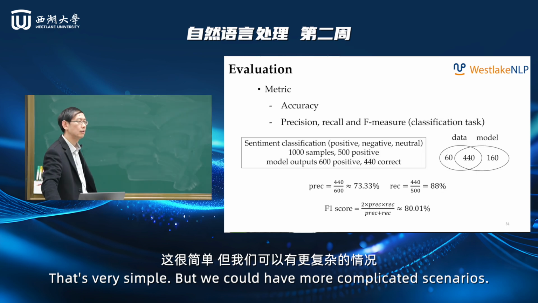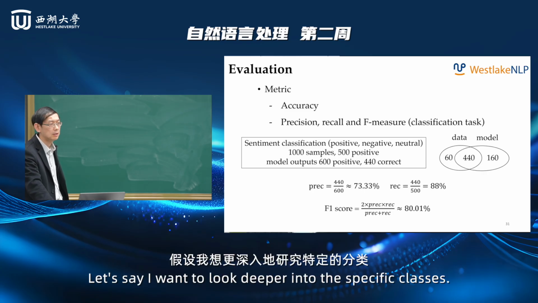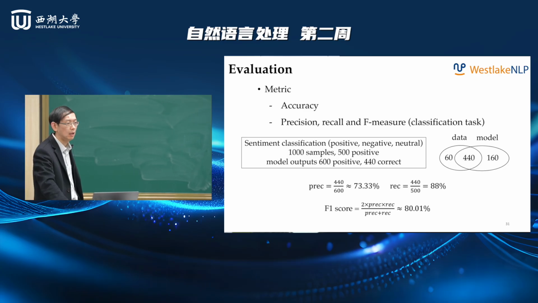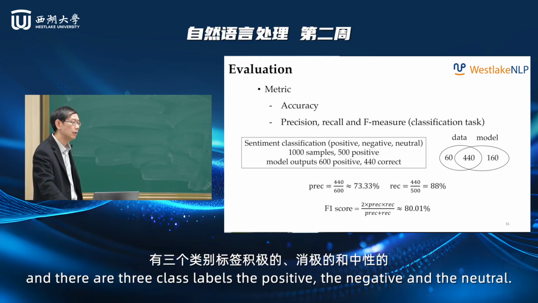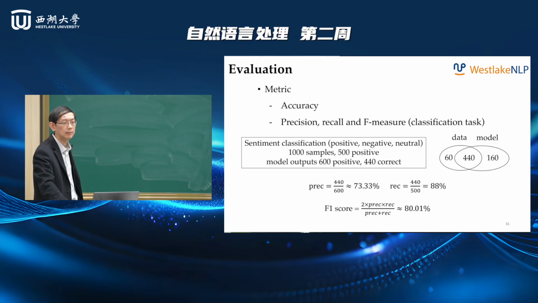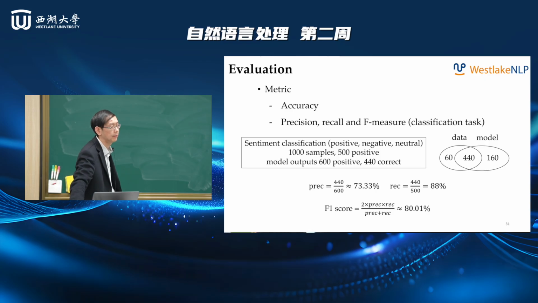But we could have more complicated scenarios. Let's say I want to look deeper into the specific classes. Suppose I'm doing sentiment classification and there are three class labels: positive, negative, and neutral. You want to look at the positive class.